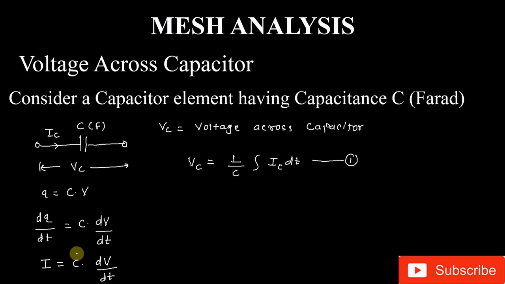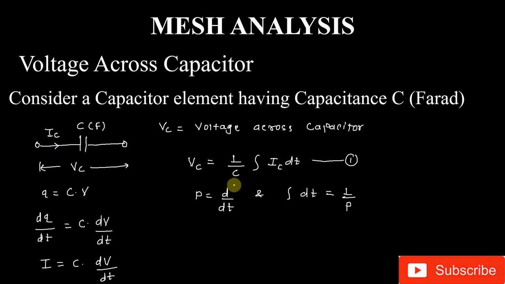Now we can see the integral dt here. We have studied that P is equal to d by dt, and we can replace this in integral form: integral dt is equal to 1 upon P. If P is equal to d by dt, then integrating gives 1 by P. Substitute that value in equation 1.